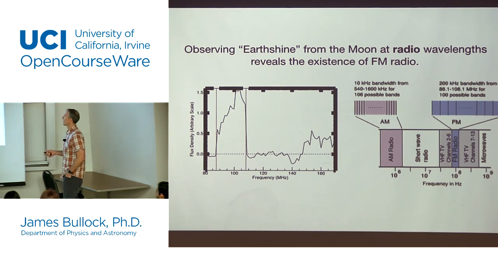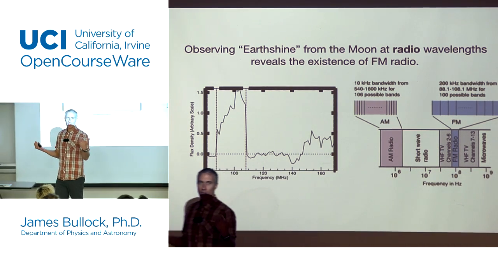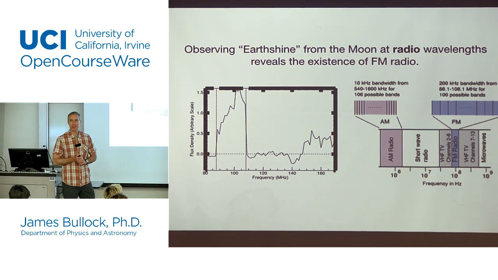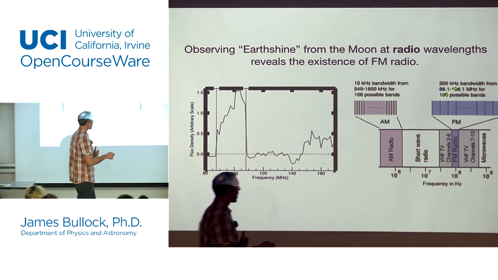Now, what's interesting is if you look at Earthshine in the radio band, you see pretty strong evidence that there's nothing natural going on there. There's a huge bump in the radio emission from the Earth that does not look natural, and it peaks right around 100 megahertz, and that's right around the FM band.